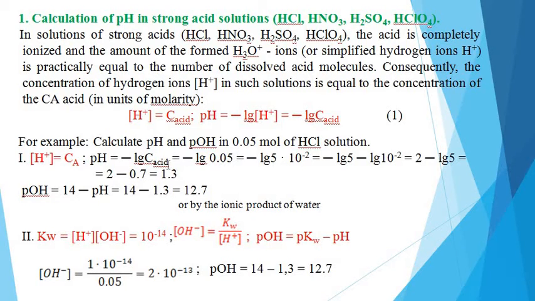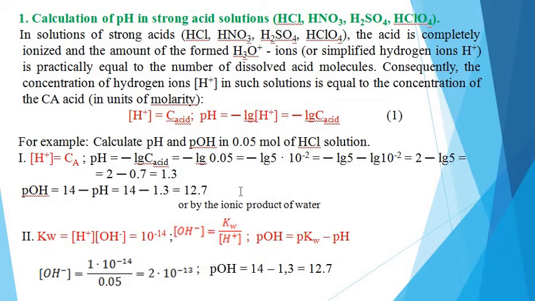From this calculation, it is found that it is equal to 1.3. And knowing pH, it is possible to find pOH. pOH equals 14 minus pH, which is 12.7.